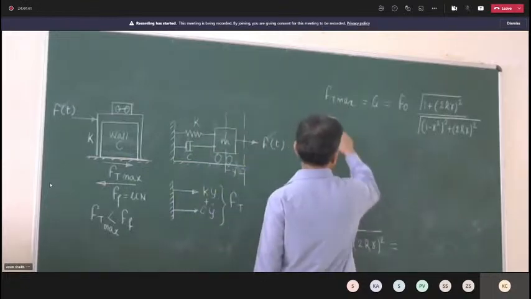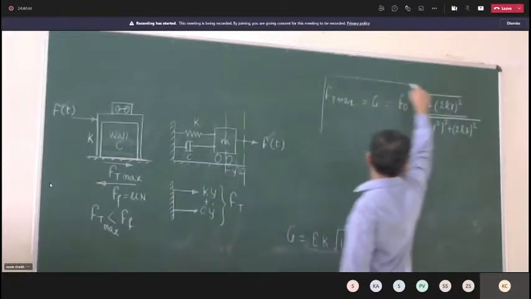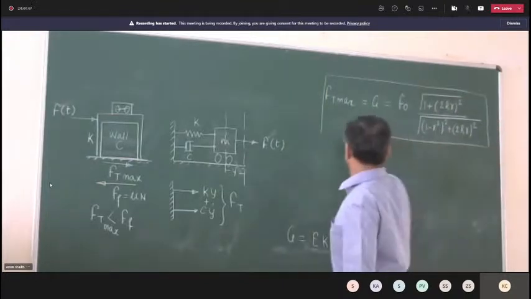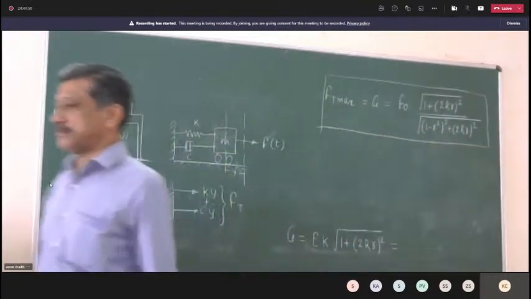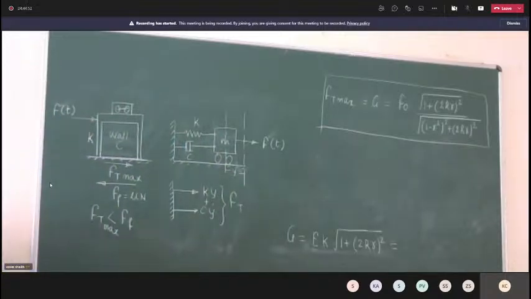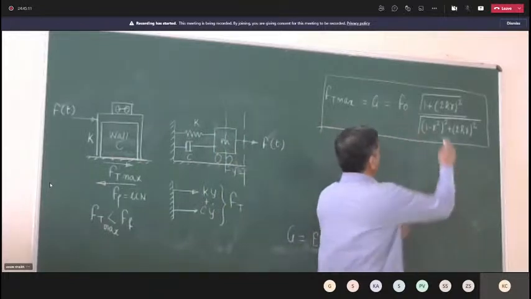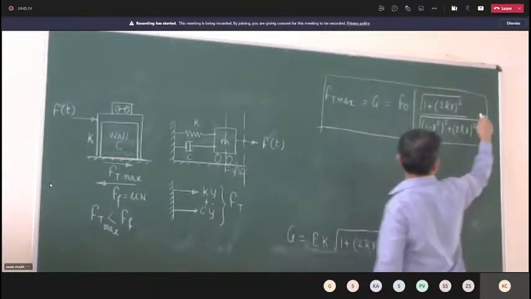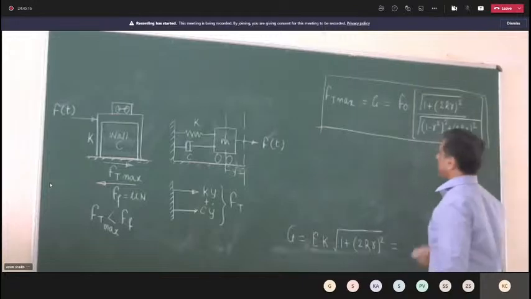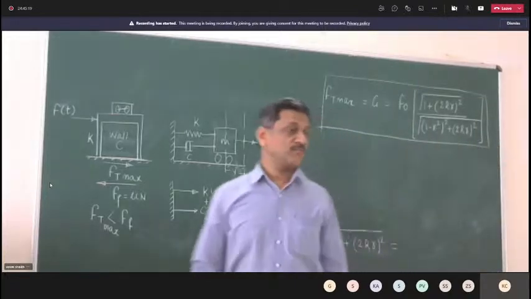This is the equation for force transmitted to foundation. I can look at the equation of maximum force transmitted to foundation like this: F0 into some term, and that term is called transmissibility.